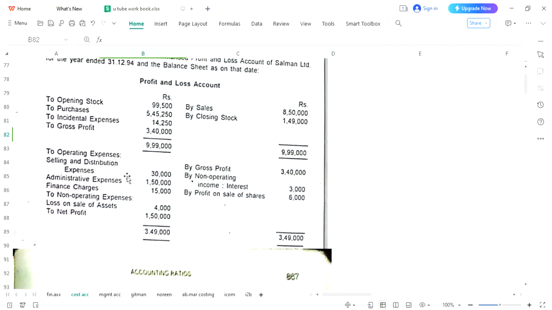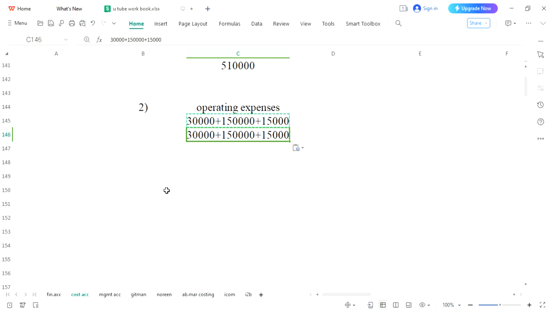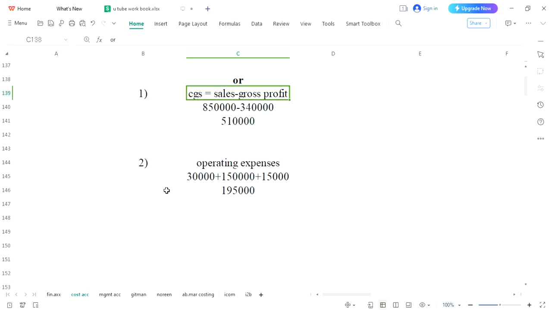Let's confirm it. 30, 150, 15. Yes, we have written correctly. And here we are now able to calculate the value. So guys, this is the value of operating expenses and this is the value of your CGS.